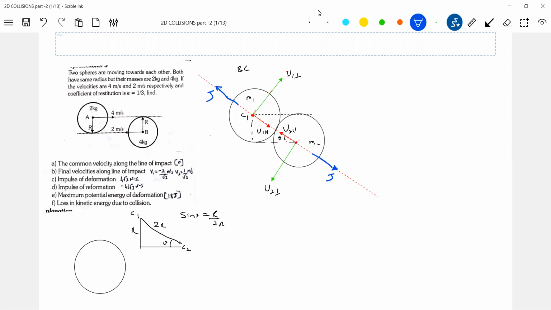Now we should calculate u1 perpendicular. This is theta, this is theta. So u1 is 4 meter per second, and this is u1 and this is u2. What is u1 perpendicular?